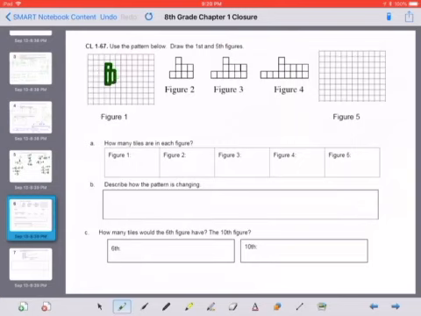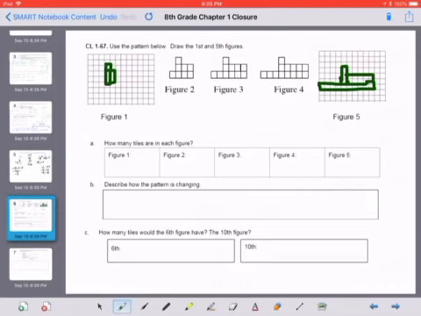Then figure 5, when I figure it out, is actually 10 going across the bottom and then on the 5th one, there's 2 going up, and then there's 1 more row going across.